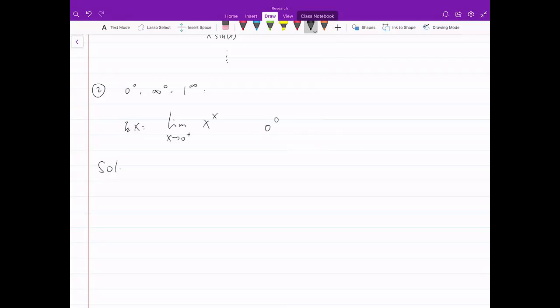Remember our goal. Our goal is to have something like this. So L'Hopital. Okay. What should we do? Take the natural log. Whenever you have a power, at least we should try this.